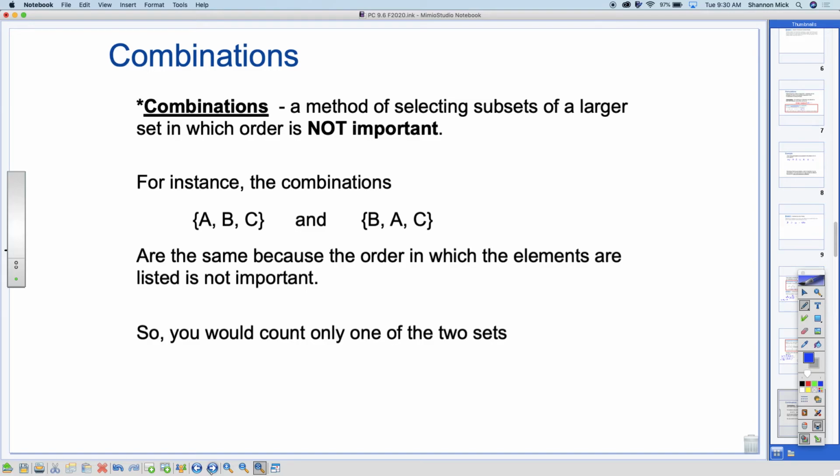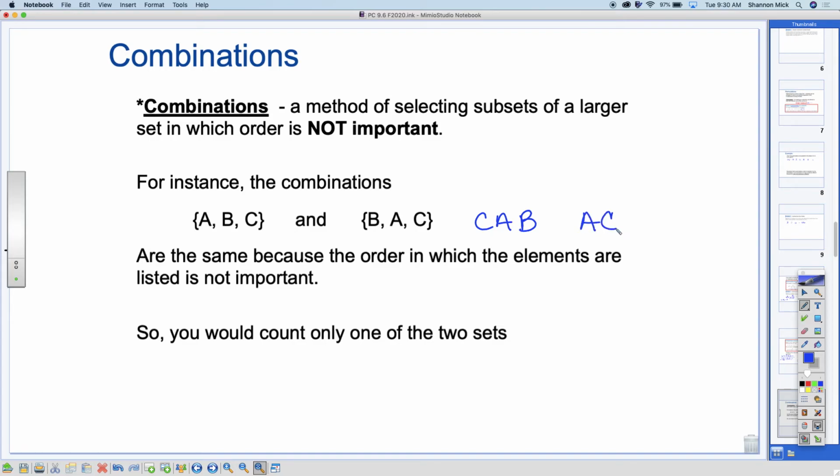So when order isn't important, ABC is the same as BAC. It's also the same as what? What's another way I could mix those up? CAB. Is there another way?